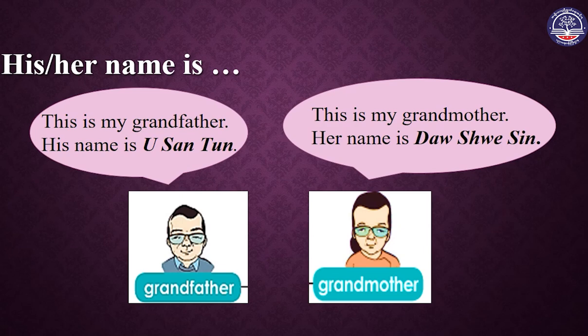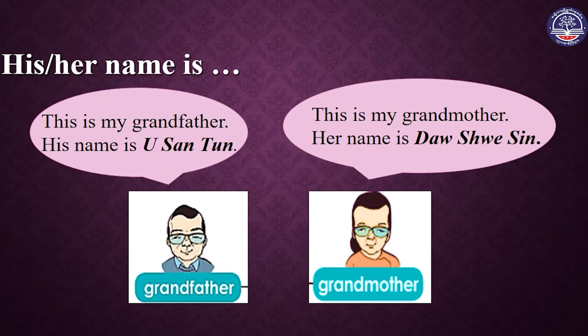Okay, so if you want to introduce your grandfather, you have to say like, this is my grandfather. His name is Usanton, like that. So please listen to me carefully. You can introduce like that. This is my grandfather. His name is Usanton, like that.